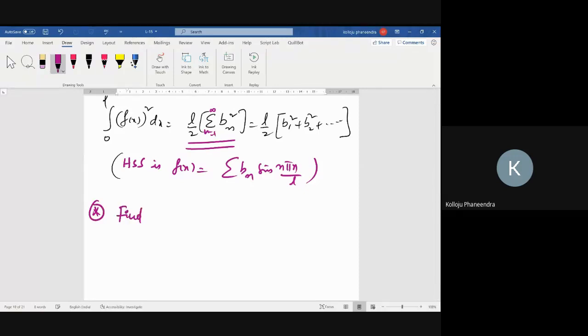Find the Fourier series of f of x equal to x square in minus pi to pi, and deduce that... This is a simple problem, in minus pi to pi.